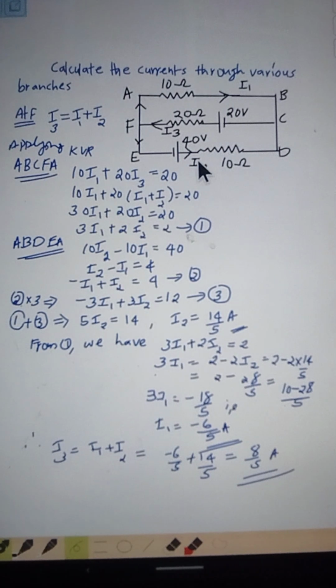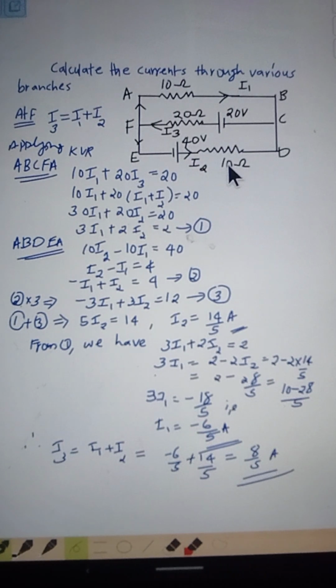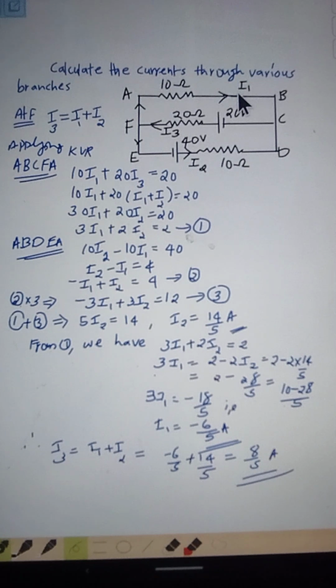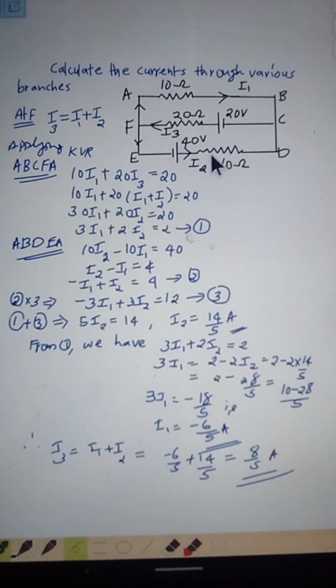Now the potentials. We know this way is the direction of current I2. So the potential is 10 I2, but here we find a current flowing in the opposite direction. So if this potential is given a positive sign, then the potential due to current flowing in the opposite direction should be given a negative sign. I1 flows in a direction opposite to that of I2.